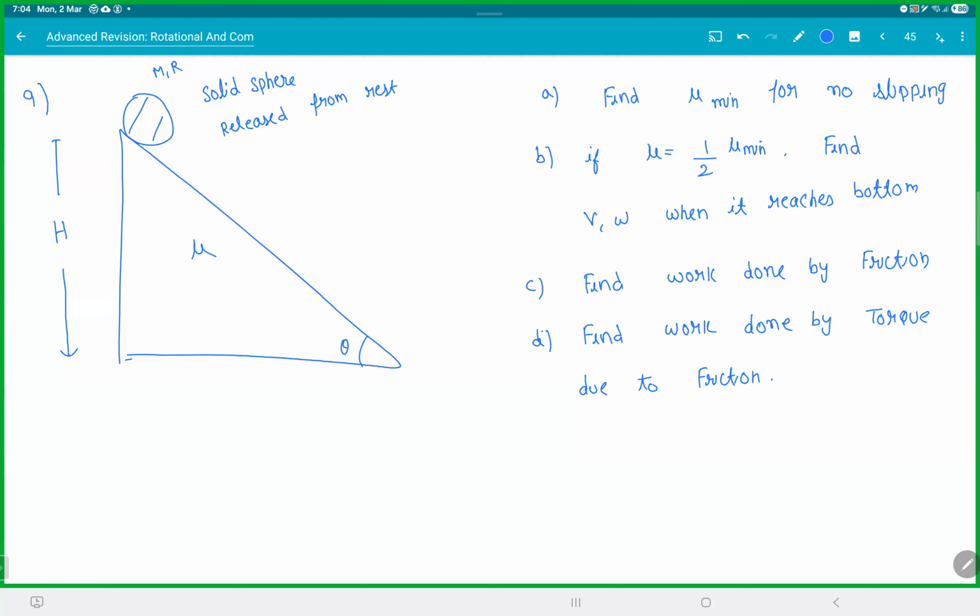So normally in the question, what would have happened? You would have just conserved energy to find V and omega. That is the case when you're not slipping.